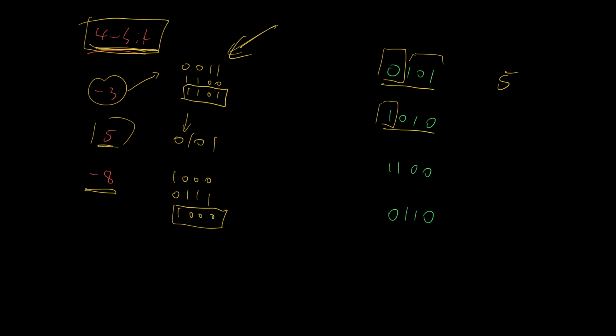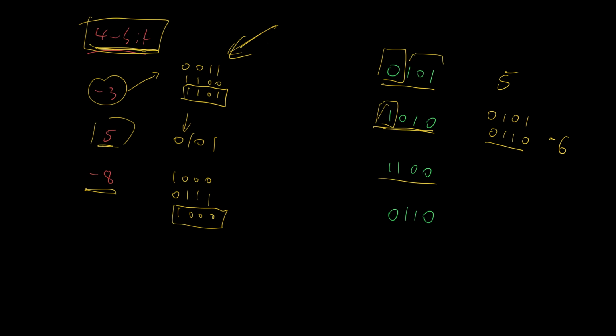We first invert all the bits, 0, 1, 0, 1. Then we add 1 to get 0, 1, 1, 0. Then we convert this to decimal. We've got 1, 2, 4. 2 plus 4 is 6. So this represents the number 6, but because it's negative, it represents the number -6.